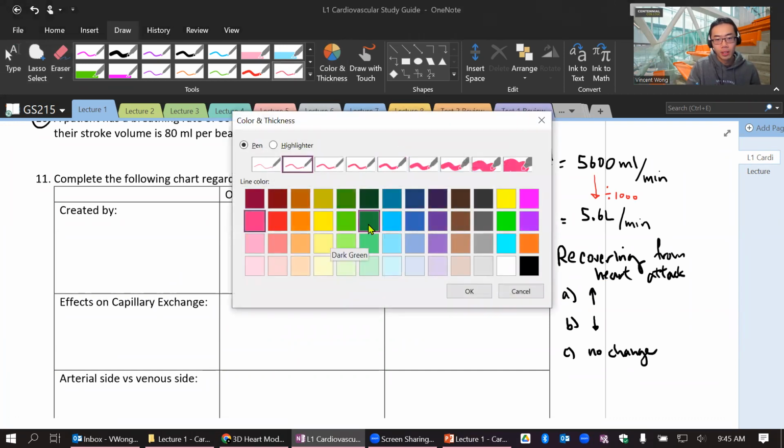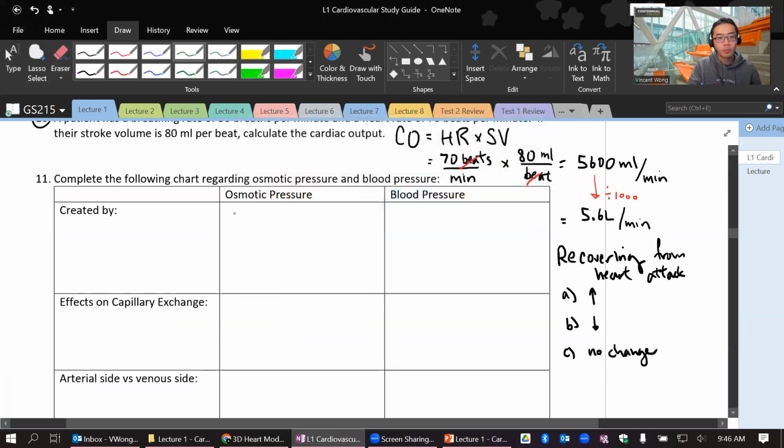Let's stick with the same color code as we had before. So osmotic pressure is created by concentration difference across the capillary wall, vessel wall. Okay, and I'm just going to put a side note here.